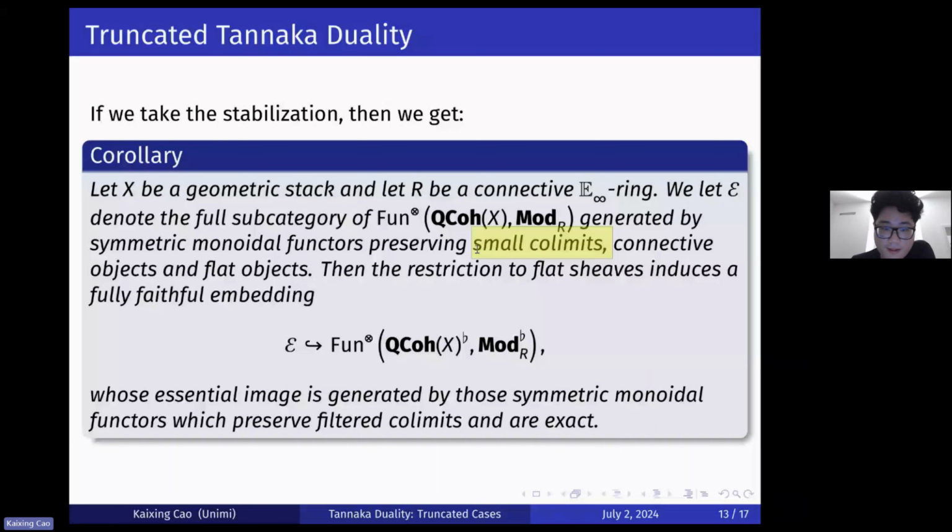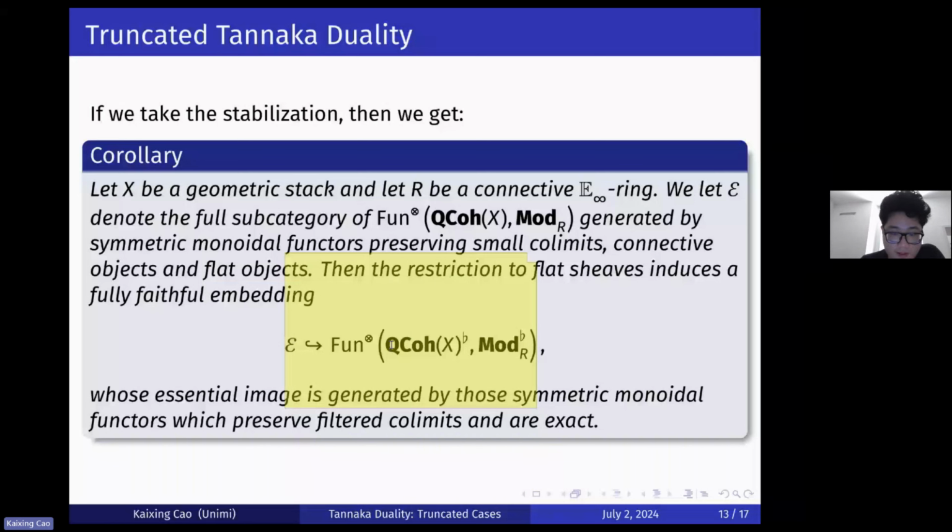It means that the R point of X, by taking the pullback, induces the equivalence between E and the R point of X. And because the functors in E preserve the flat objects, we have a well-defined restriction functor from E to the functor category between the flat objects.